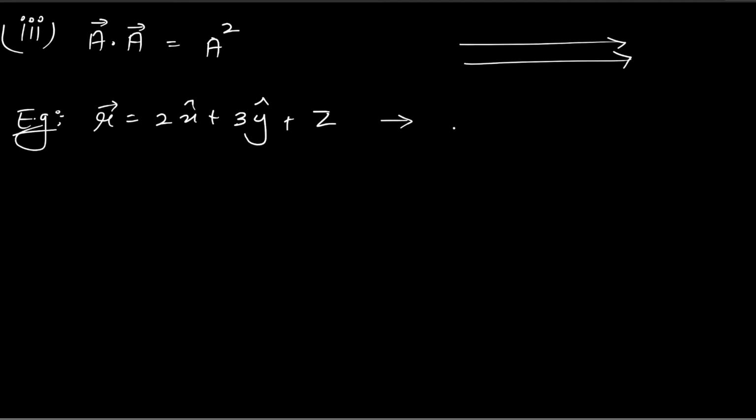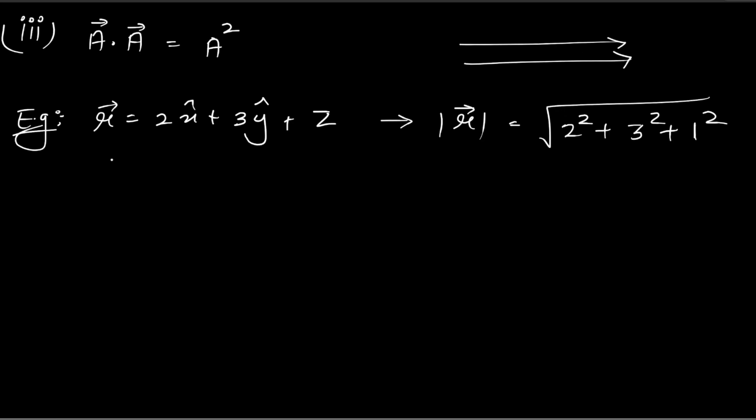The magnitude of the r vector is nothing but the coefficient of x squared, 2 square, then the coefficient of y, 3 square, and then 1 square. This formula comes from this equation only.